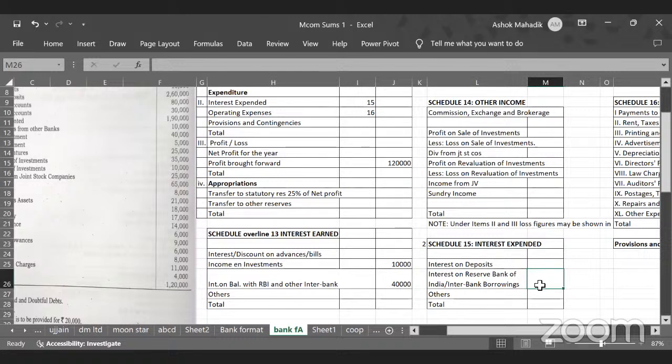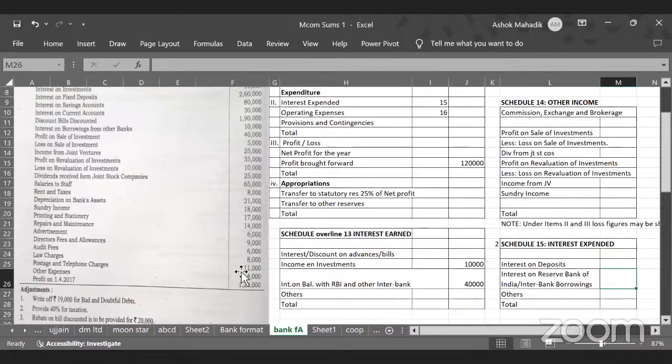You can see here in schedule number 15, the second line is interest on Reserve Bank of India or interbank borrowings. So when you borrow, you put the interest here. On regular deposits, we'll make a separate working note, which we just did. So here I'll put 10,000. Correct? Amount is 10,000.